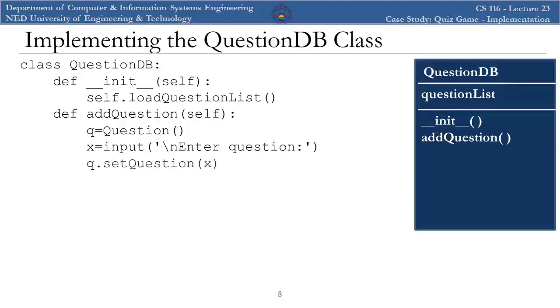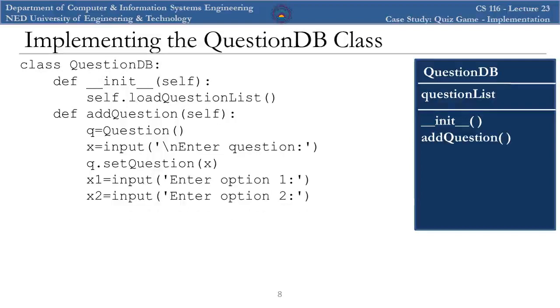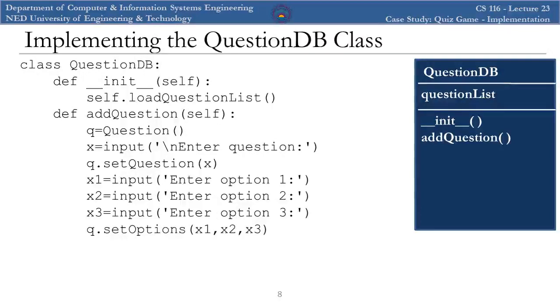So whatever the user enters comes in X, and we place it in that question field using set_question. I hope you remember that this Question class contains this method set_question. Similarly, I can input option 1, then option 2, option 3, and I can place all three options, x1, x2, x3, and pass these to set_options_list, and it will set them in the options field.